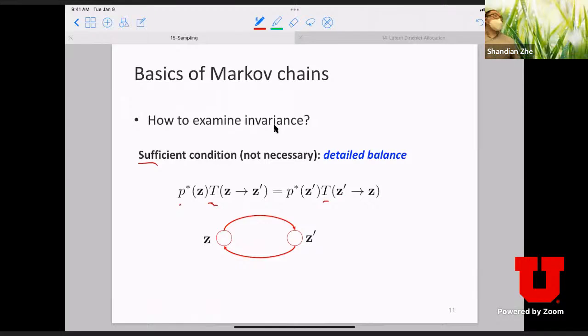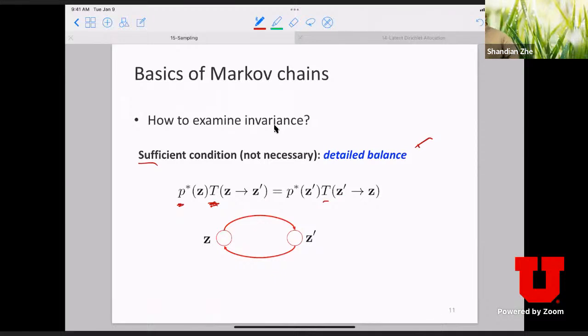But this is just a sufficient condition, not a necessary condition, meaning there could be some transition kernel T to which P star Z is invariant too, but which doesn't satisfy detailed balance. But because it's so convenient, people most often just use detailed balance to ensure that your designed transition kernel is what we want.